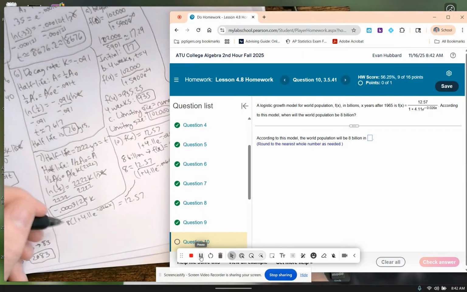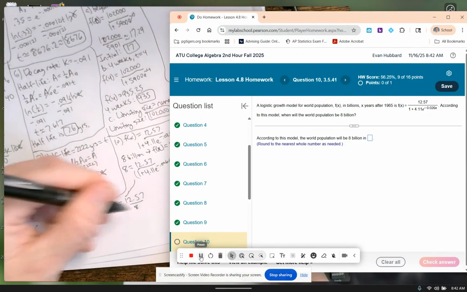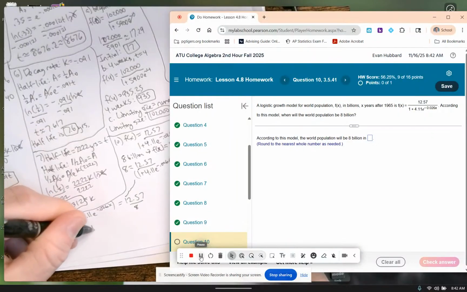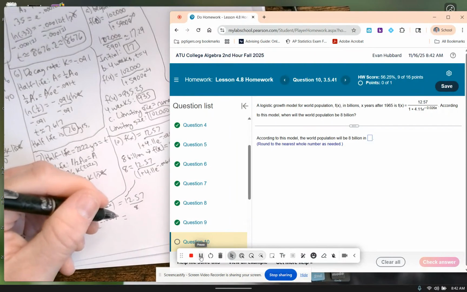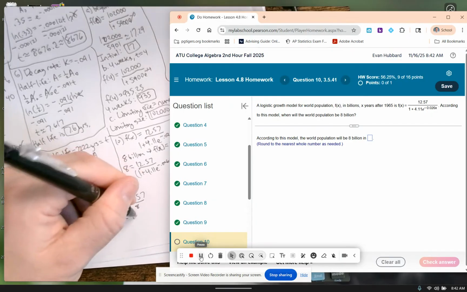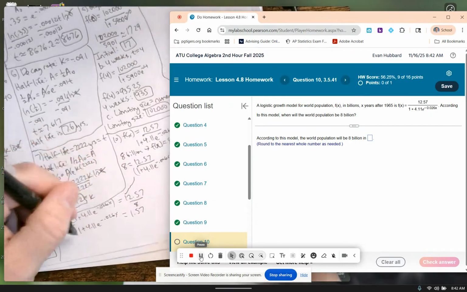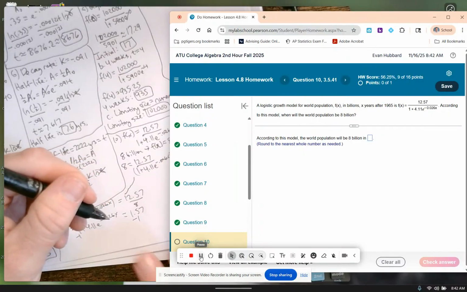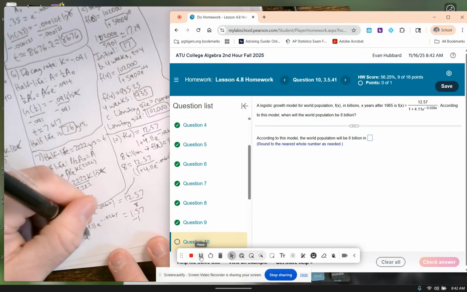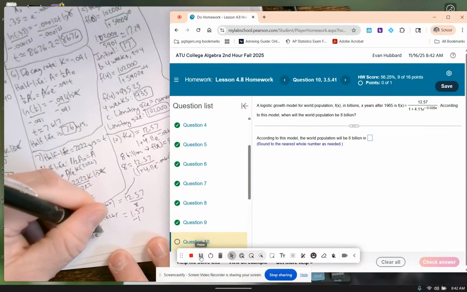I don't know if that's the best way to do this. So 1 plus 4.11 e to the negative 0.026x is equal to 12.57 divided by 8, which is 1.57. And then I'm going to subtract 1. So 4.11 e to the negative 0.026x equals 0.57.